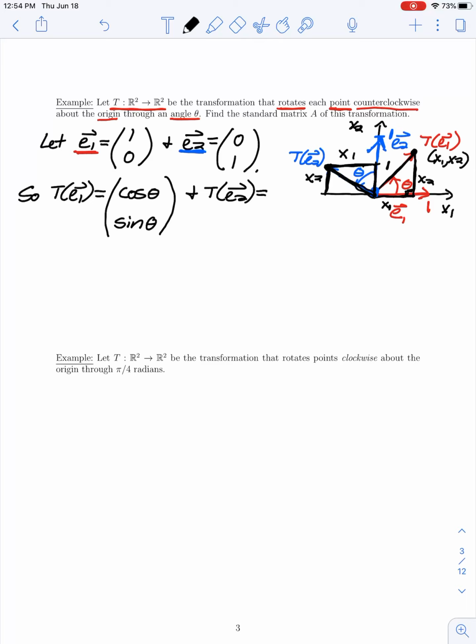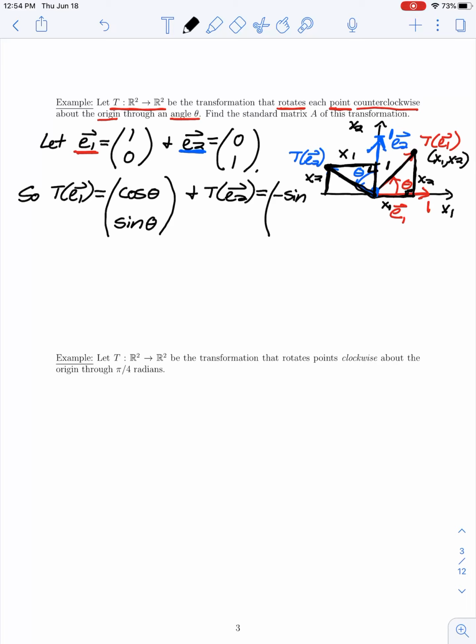If I think about the right triangle formed by that angle theta, x1 is the edge opposite the angle theta. So I would be looking at sine of theta for that value. But since we're in the second quadrant, x1 is negative.